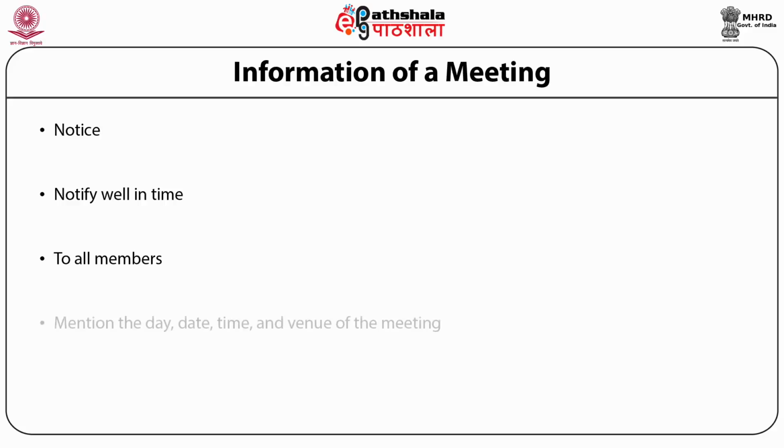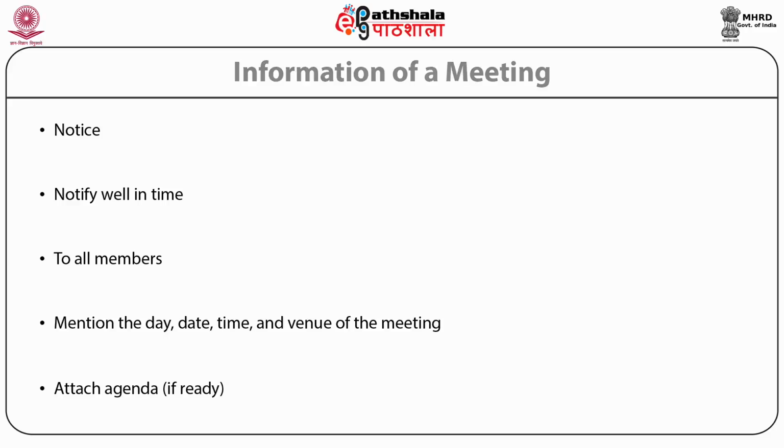Such a notice must mention information about the day, date, time, and venue of the meeting. If decided, the agenda items may be mentioned in the notice or attached separately. It has to be ensured that the notice reaches all the members within reasonable time before the meeting.